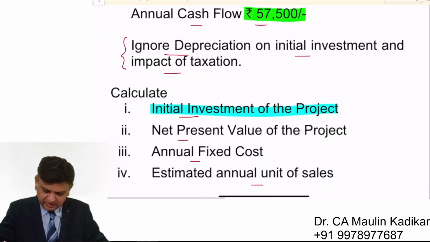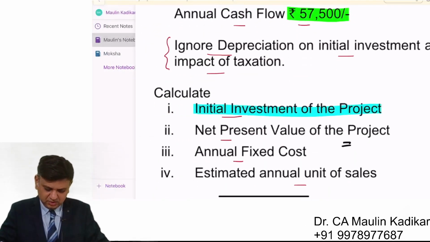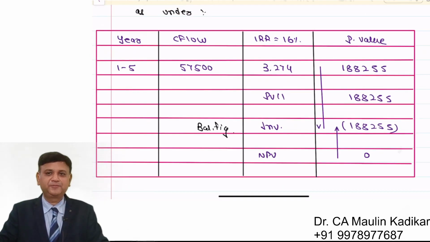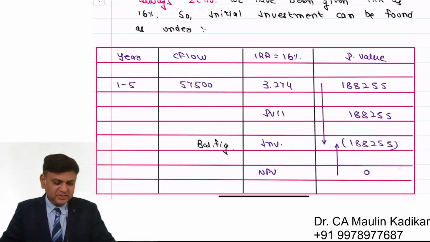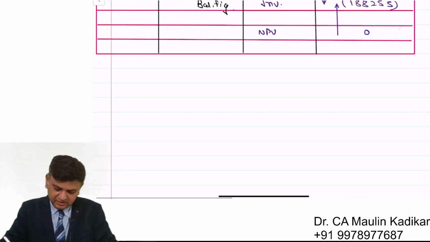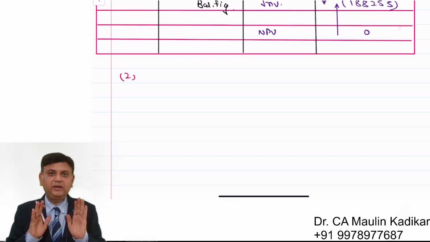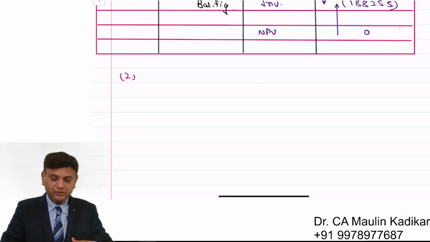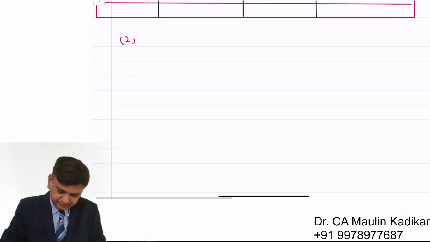I want you to tell me answer of the second question, that what is the NPV of the project, in the chat box. Now friends, the second part of the question says compute NPV. Now dear students, for the purpose of NPV calculation, basically we require the cost of capital of the company. I request all of you to write down answer along with me.